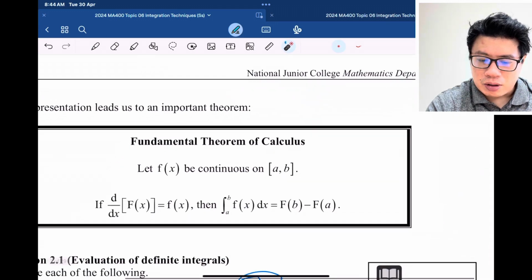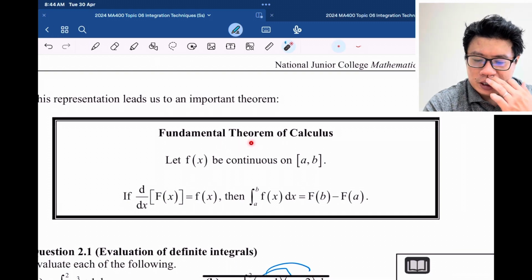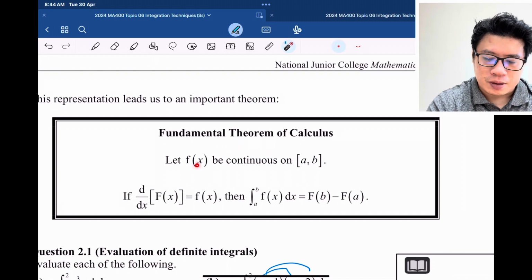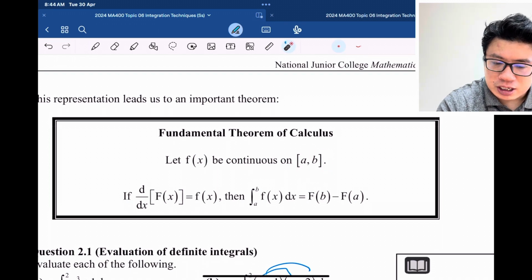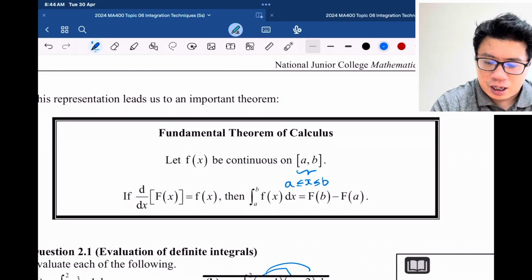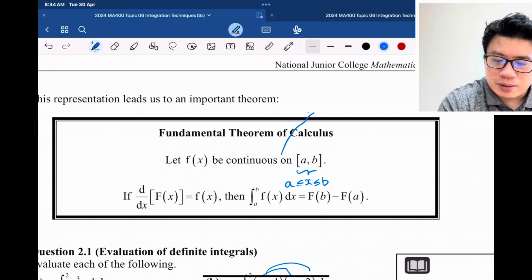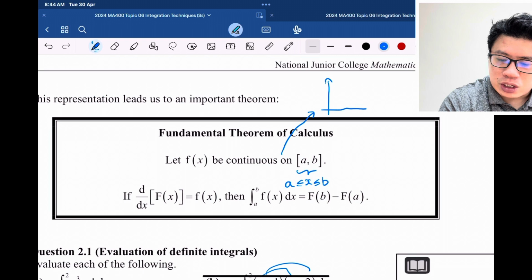Let me bring you to the next important theorem, which is the fundamental theorem of calculus. Now, if f(x) is continuous from a to b, what does this mean in case you're not sure? This means that x is from a, including a and including b. And f(x) is continuous, meaning that there's no asymptote.